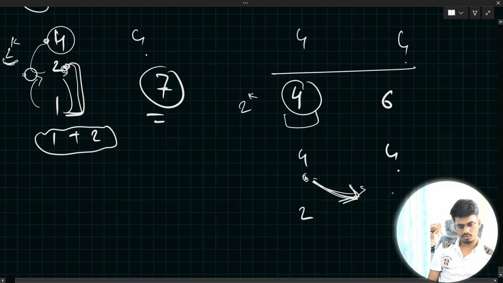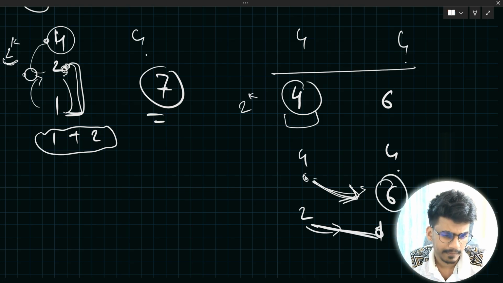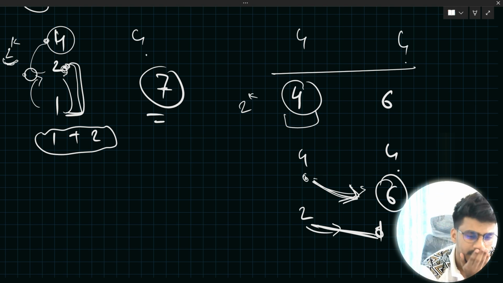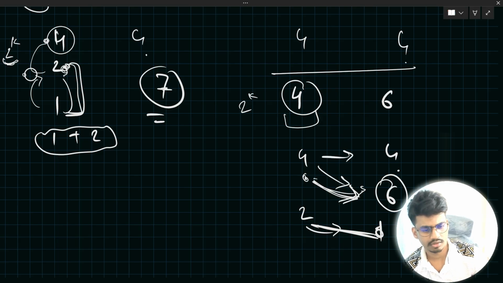So it would be 2, and here it would be 6. Let's again give a number to. Okay, I got this element. If this is an even element, I'm just adding half every time.